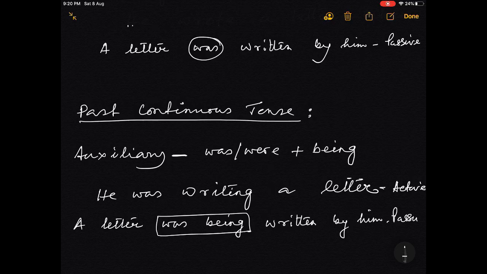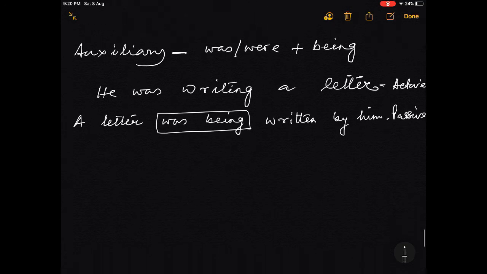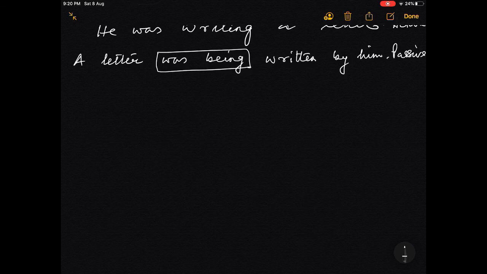That is passive. Okay. Now past perfect.